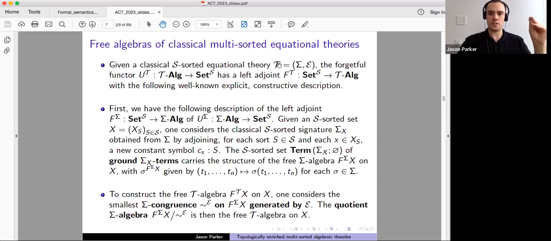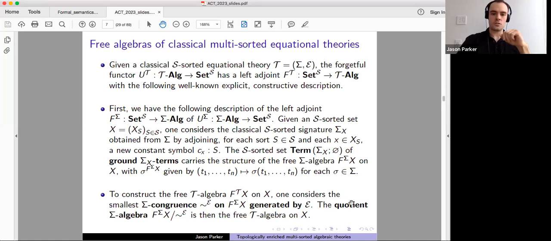Now if you have a theory T over sigma, then to construct the free T algebra F T X on an S-sorted set X, you consider what's called the smallest sigma congruence, tilde E, on this free sigma algebra that is generated by E. So basically it's the smallest component-wise equivalence relation that respects the operation symbols of sigma and equates all the elements that must be equated by the equations, roughly speaking.